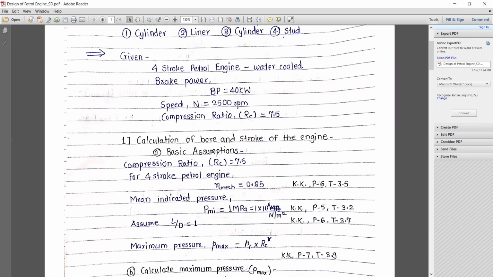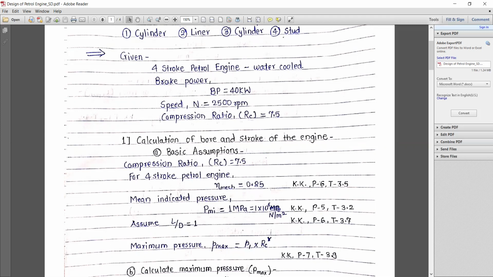Compression ratio Rc is 7.5. With a procedure similar to the design of a diesel engine, first we need to calculate the bore diameter and the stroke length. Based on this, we are able to design the cylinder.